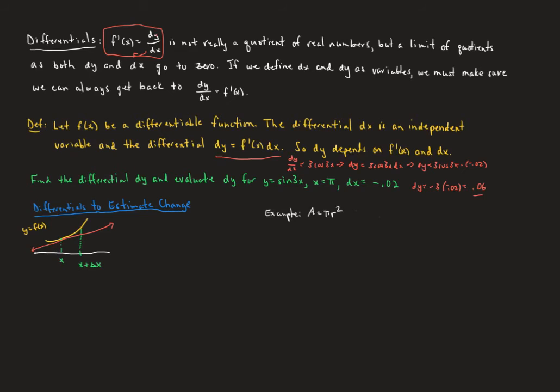So we imagine now that we're going to move over a delta x from where we started. And what we would like to know is how does the value of the function change as it moves from x to x plus delta x. That is, what is this delta y, the change in y? So what we're going to do is use our tangent line to approximate that change in y, that delta y.